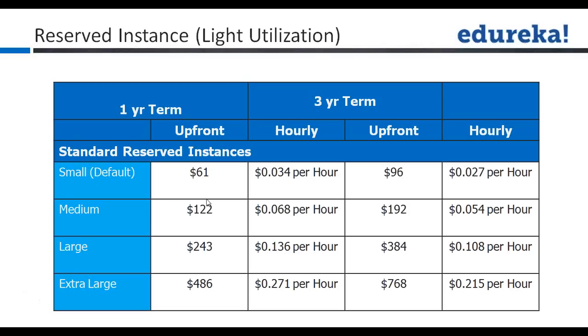If I take a case of 2500 hours, 0.034 plus 61 comes to $146. So running an instance for 2500 hours in 1 year costs me $146, while for 2500 hours at 0.06 it costs me $150 on demand.